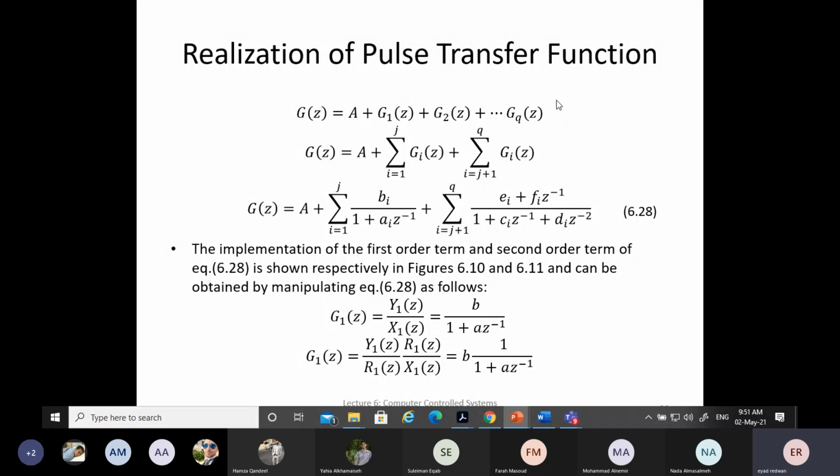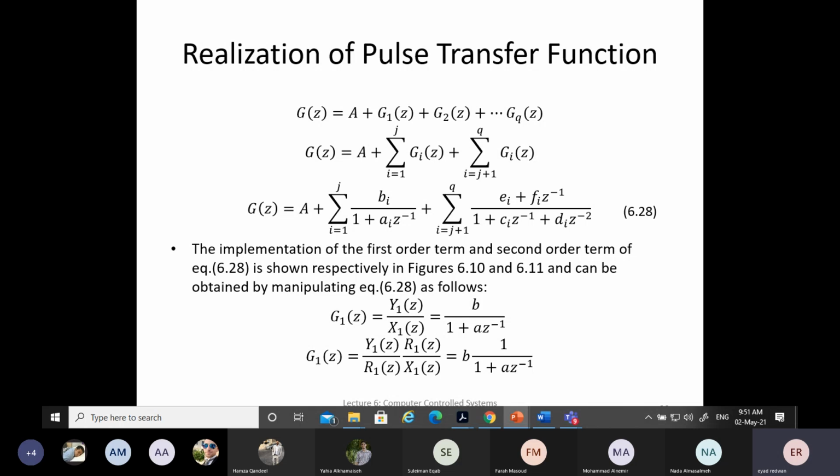How do we do that? We use the partial fraction method. I mean, if you are given a pulse transfer function, then you break that function down into a constant plus, it could be a first order, for example, partial fraction term, plus second order, for example, partial fraction term, and so on.